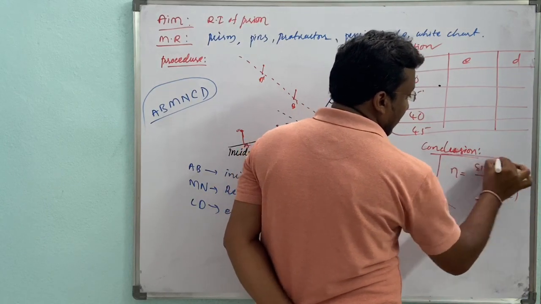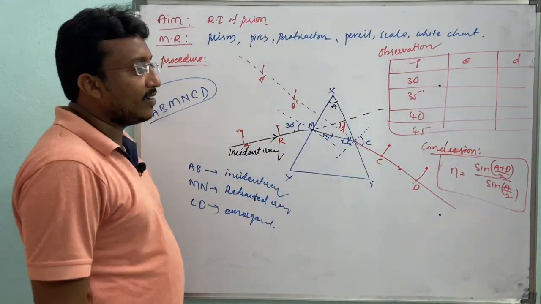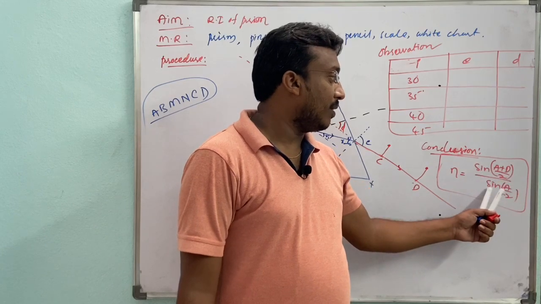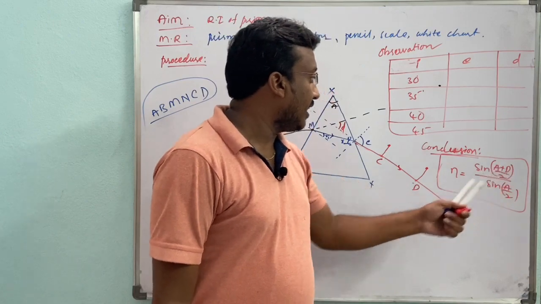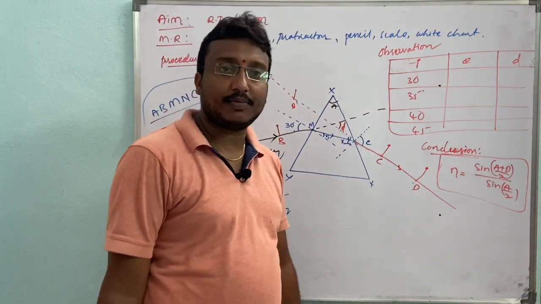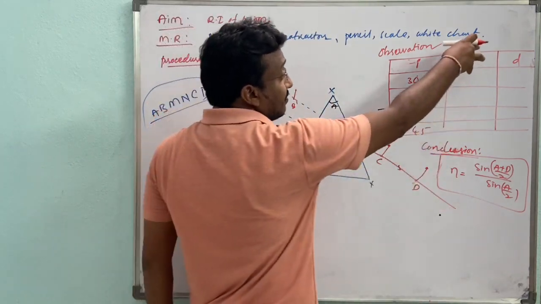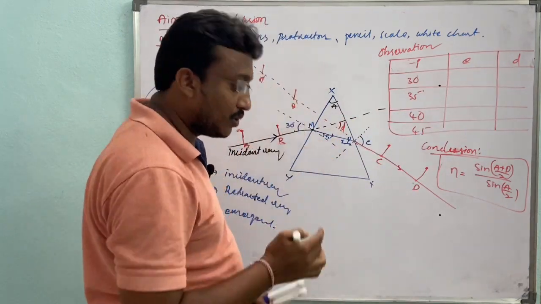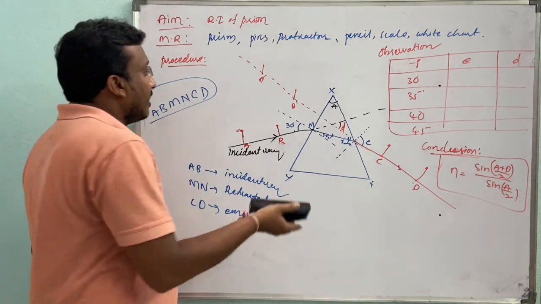This principle is experimentally proved to find the refractive index of the prism, n equal to sine (A plus D) by 2 by sine A by 2. From this activity, we will get D meaning angle of deviation and A meaning angle of prism. And here you have to notice, after entering all these values, we came to know one interesting factor. Got it? That we are going to draw.